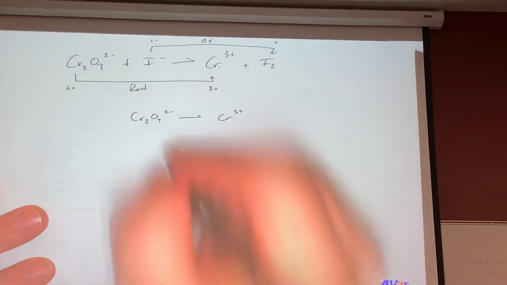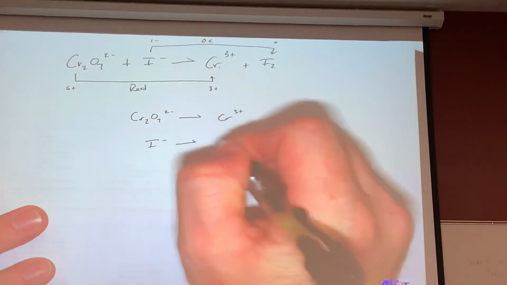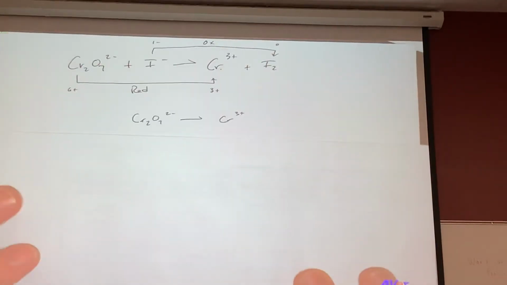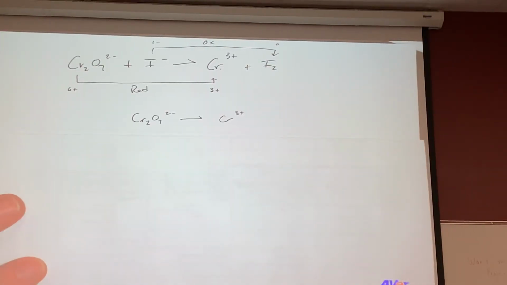When you balance by the half reaction method, you split them apart. And the process: you balance everything that's not hydrogen or oxygen. I'm going to cover up the bottom one first. That means balance the chromiums.